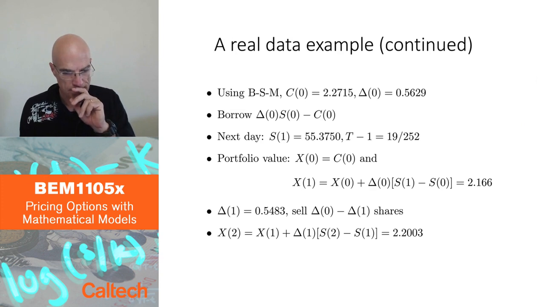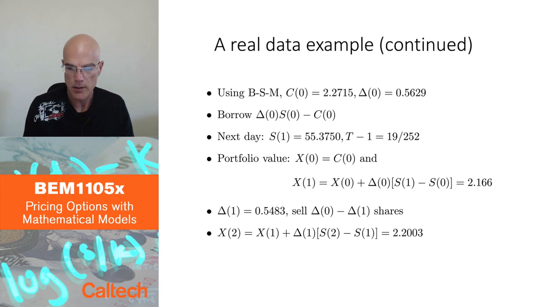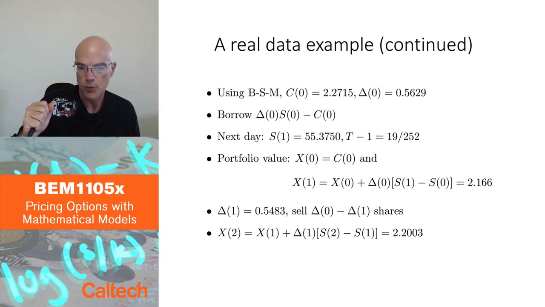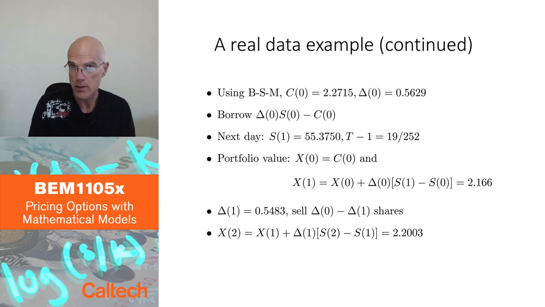And then I go to the next day, and the next day it happens that the stock price is 55.375. And now I want to compute the new delta because I want to rebalance my portfolio using the Black-Scholes theory to continue my dynamic hedge. And here it's theoretically consistent to do that, unlike repeating static hedges, let's say with the futures contracts or with those bond portfolios.